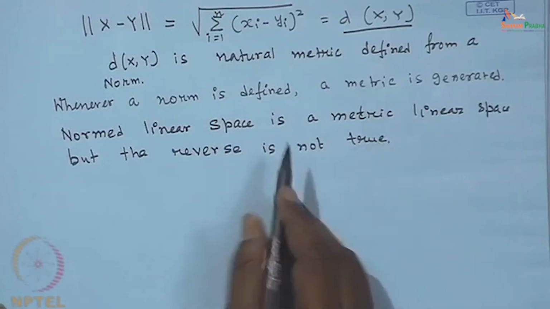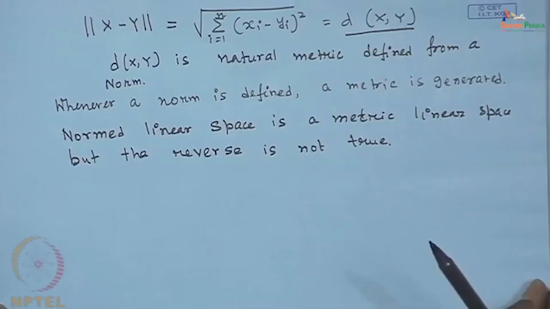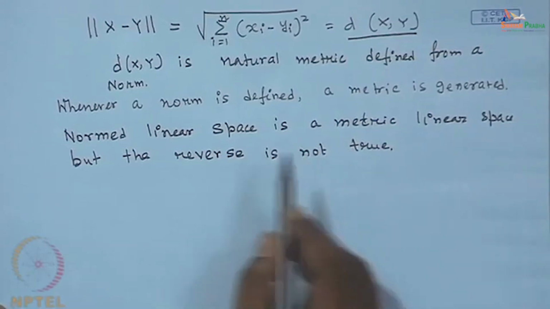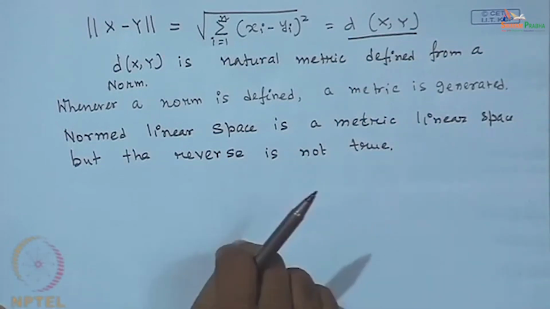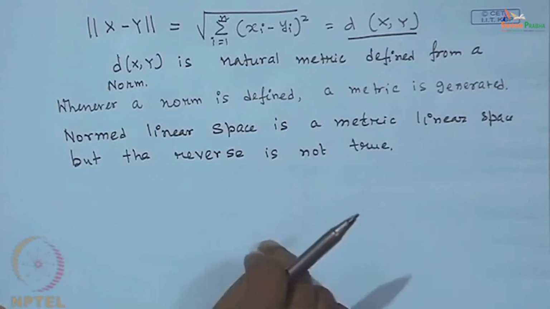That means, whenever a norm is defined, a metric is generated, but whenever a metric is defined, we cannot define a norm. So, it is not from metric to norm, but the other way around, from norm to metric. Whenever we define a norm, a metric is automatically generated.